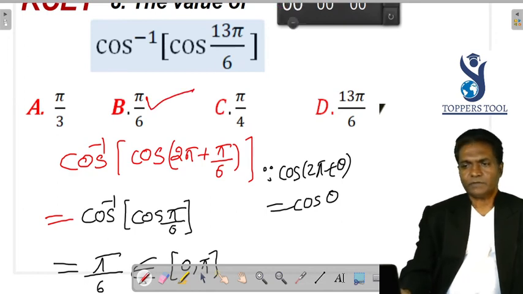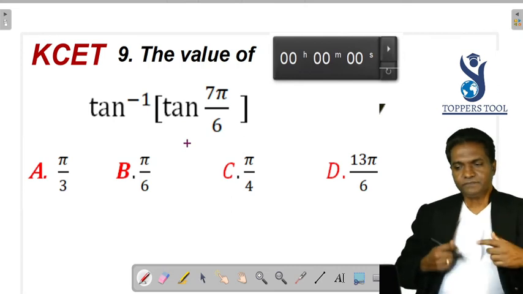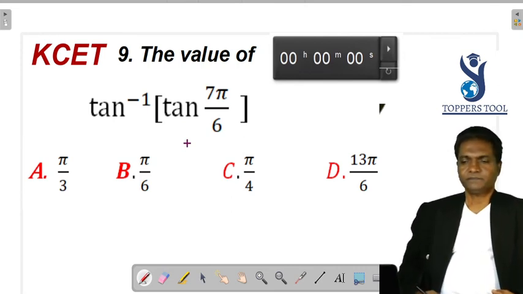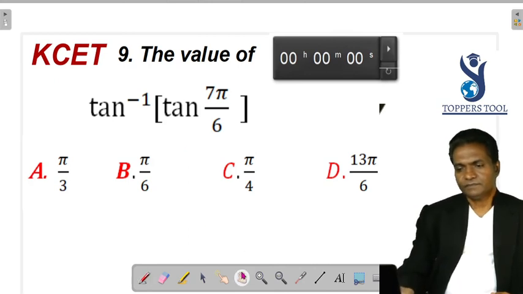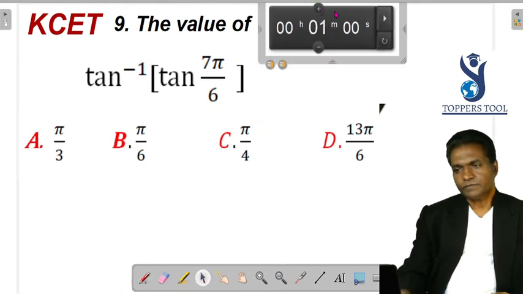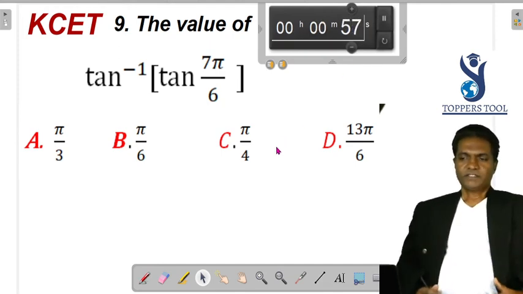Let's have one more. Question number 9. The value of tan inverse of tan 7 pi by 6. Exactly in the same way that you have done in the previous problem, the 8th one. I will give you 1 minute.